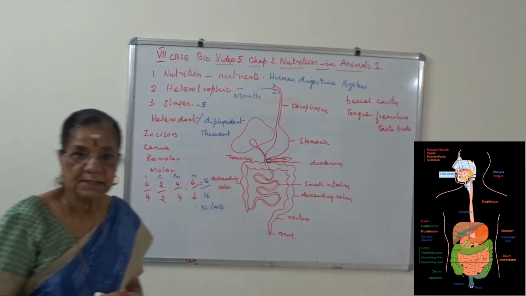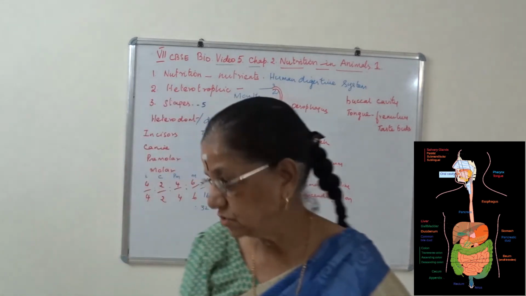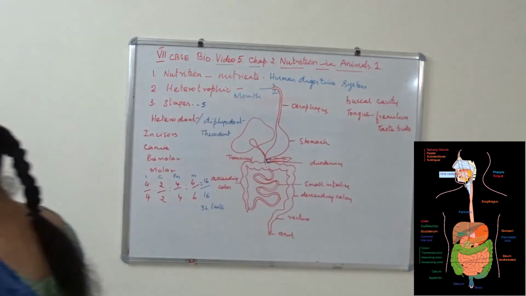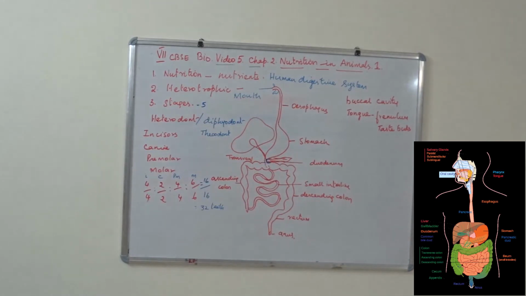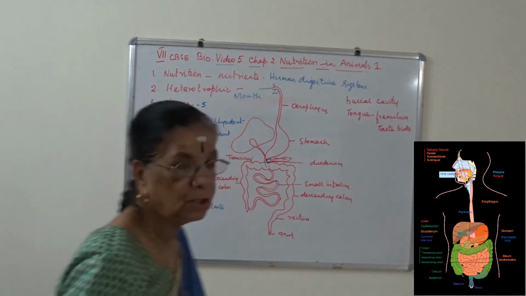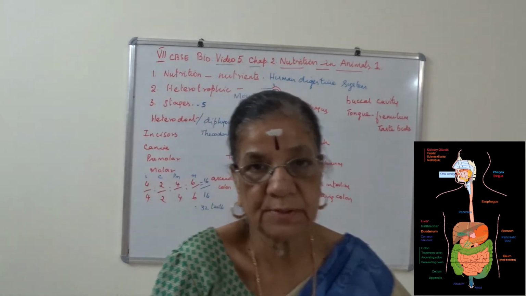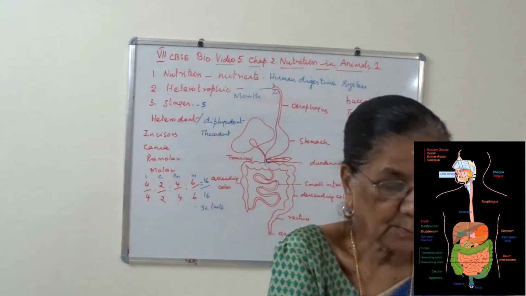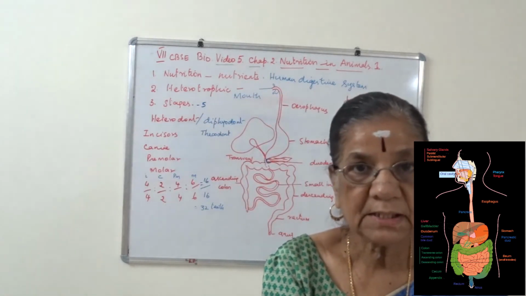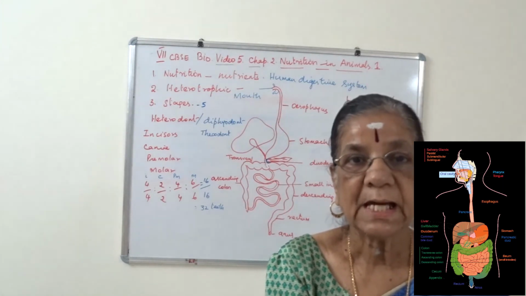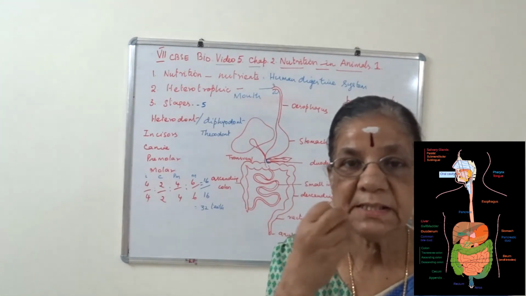This is dental formula. Now these types of teeth: incisors are meant for biting or slicing the food, and canine is for tearing the flesh.